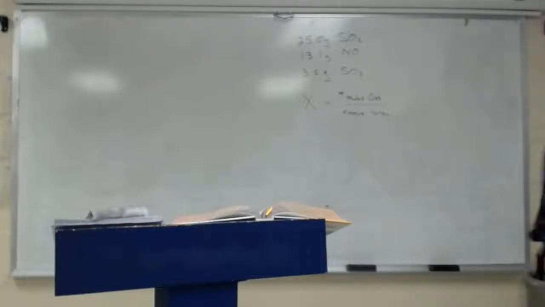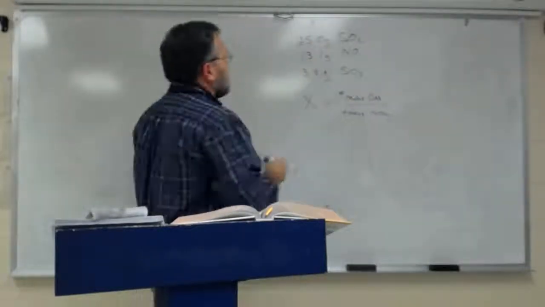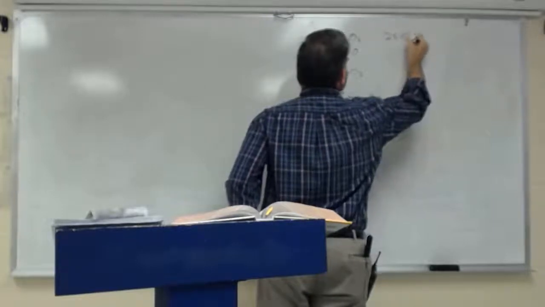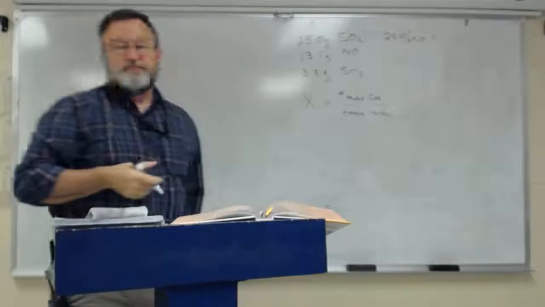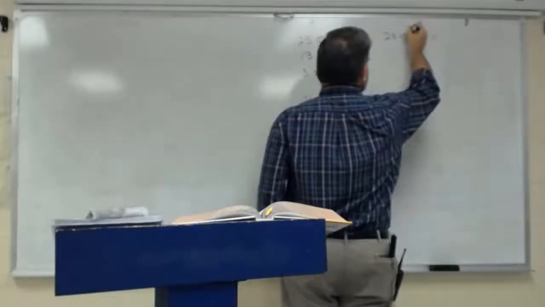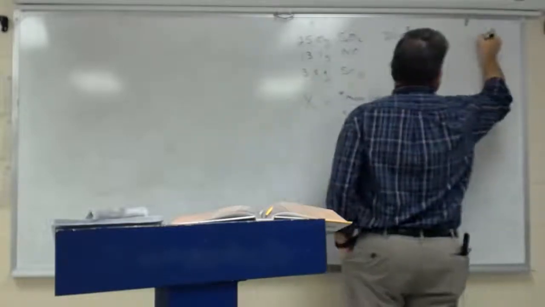So 32 for the two O's, 32 and 32 is 64. It's going to give me a number, and that's going to be the number of moles. This is grams divided by grams per mole, and it's going to give me moles.